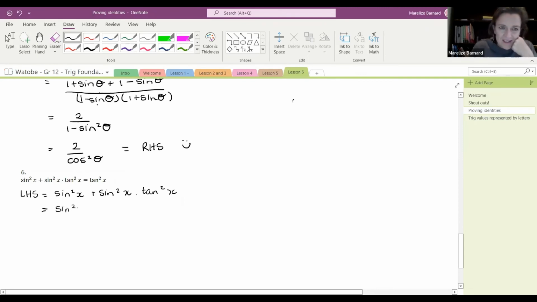So let's remember one of the golden rules or foolproof ways is to change the tan to sine over cos. This is tan squared, so we can change it to sine squared over cos squared.